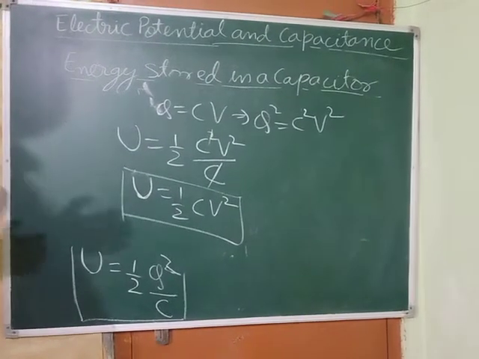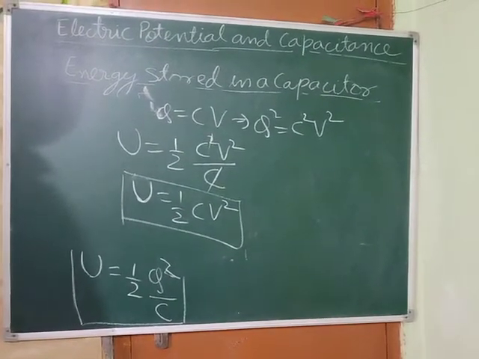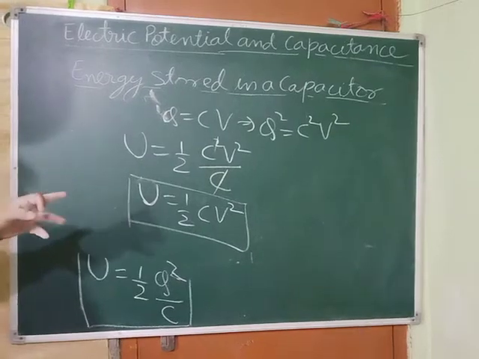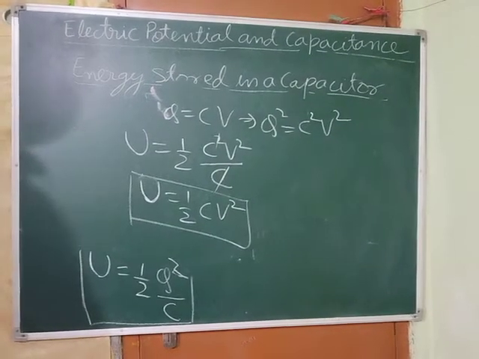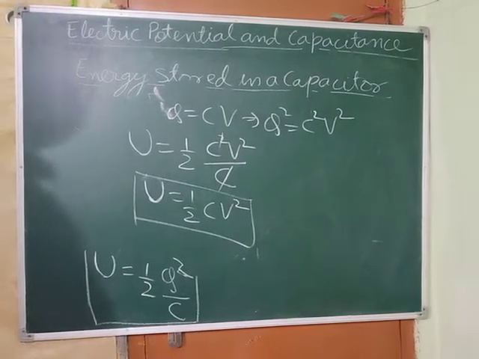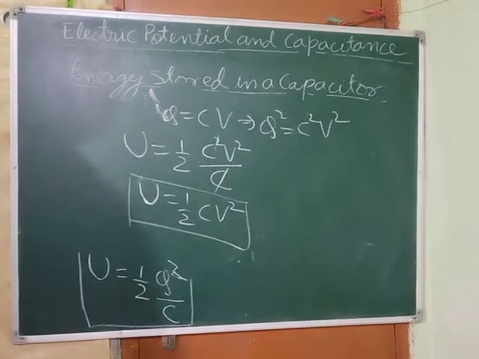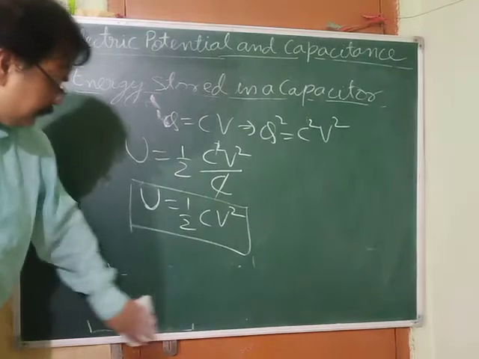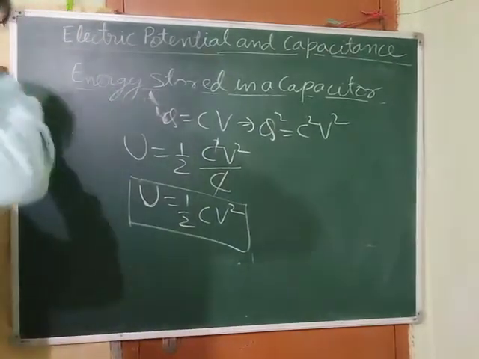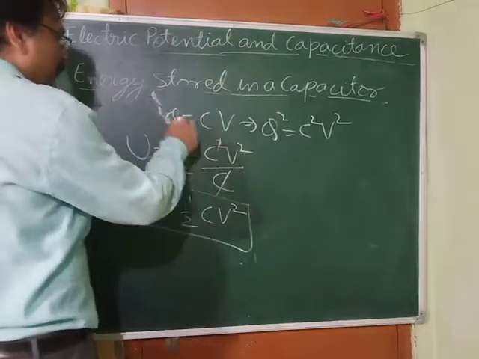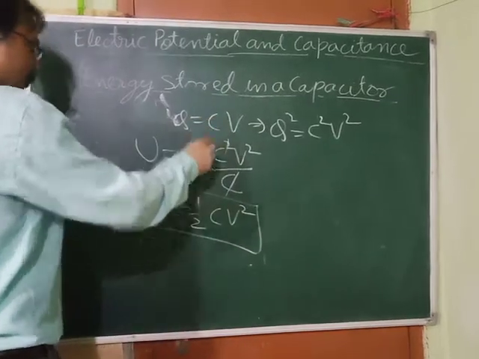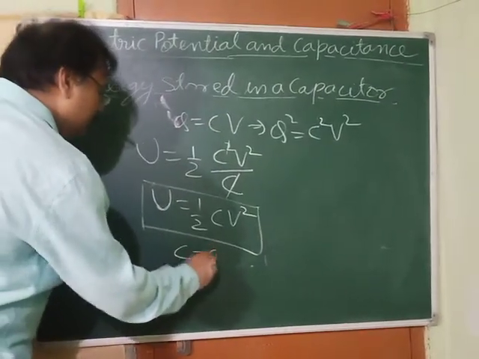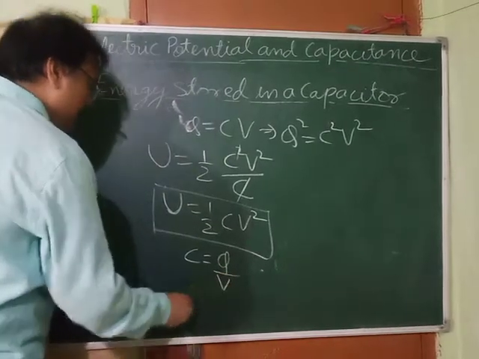Now you can get the third form also, because we have written in the form of Q and C, and we have written in the form of C and V. What else can we write? We can write in the form of Q and V. For writing in the form of Q and V, C has to be removed. So from here, C is equal to Q upon V, and we put it here.